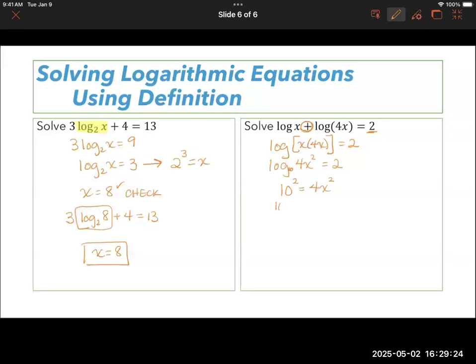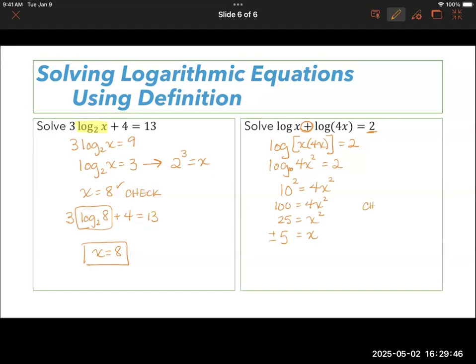So that means it's 100 equal to 4x squared. Divide both sides by 4, we get 25 equals x squared. And when I take the square root, because I'm solving, I want to consider both the positive and the negative 5 as possible solutions.